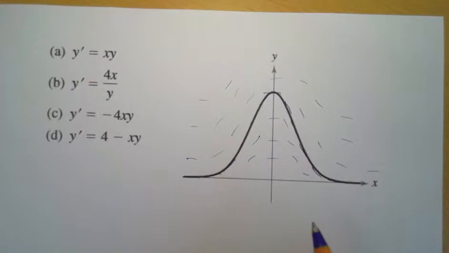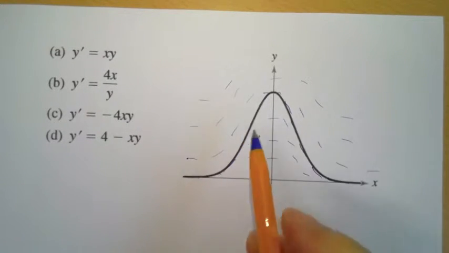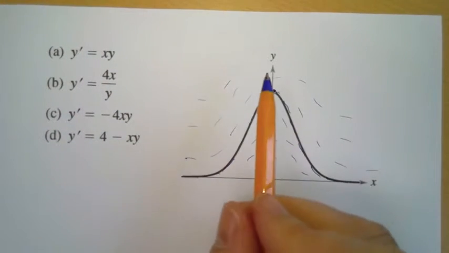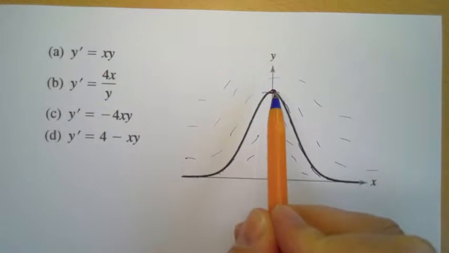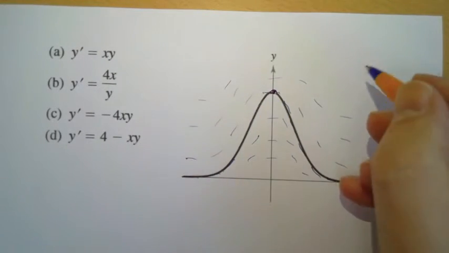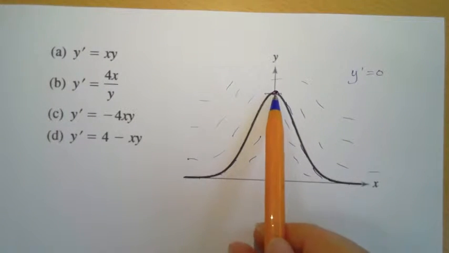But actually, it doesn't really matter. If we want to find out which of these four options matches this solution, one great way to start is to look at this point here, because this point up here has a special slope. The slope is 0. So we should find y prime equals 0 when x equals 0.